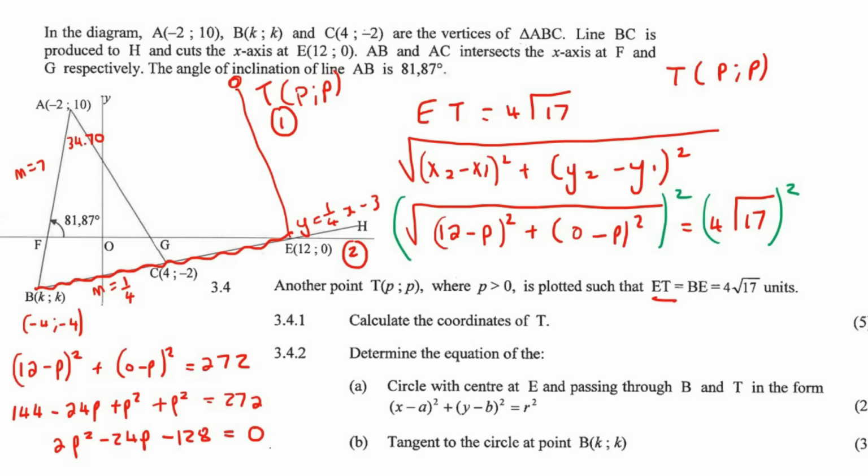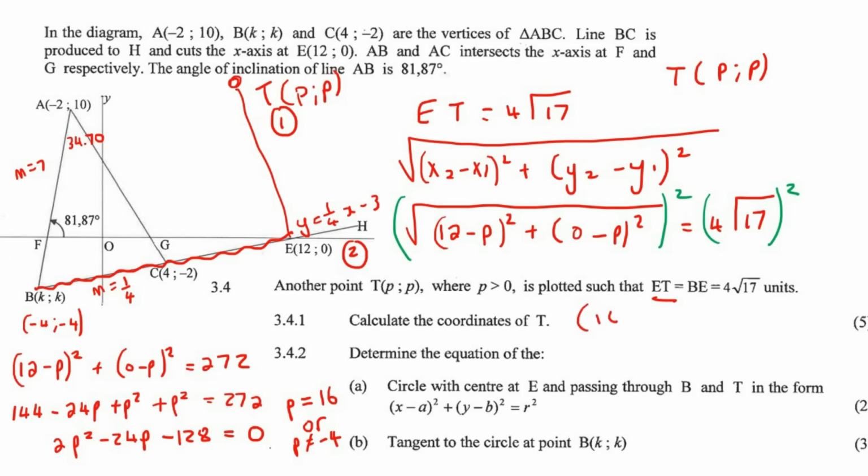Now you can try to factorize this, or you can solve it using the quadratic formula. It's completely up to you, but I'm just going to use the quadratic formula now, okay? If you do that, you should find that P is 16, or P is minus 4. But they did tell us that P must be a positive number, so we'll put a line through that one over there, and so the answer is 16.